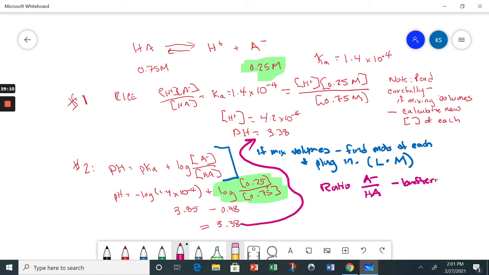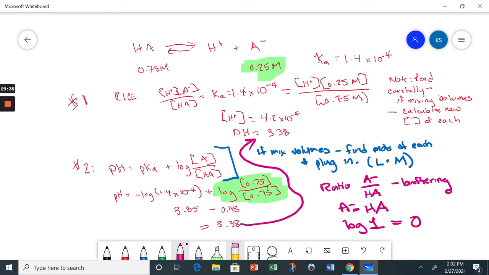If you're equal in amounts here, if A minus equals HA, you have the log of 1, which is 0. And that is ideal. You equal the pKa.